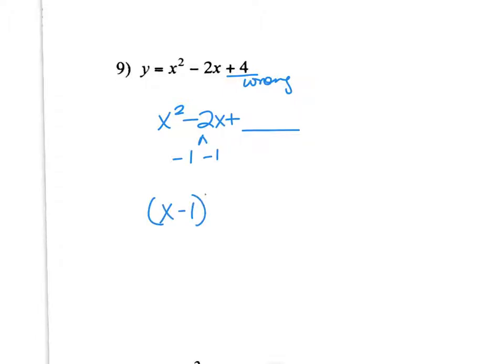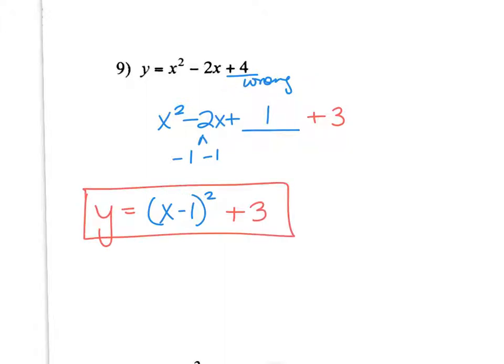So x minus 1 squared. There was no GCF. -1 times -1 is +1. And then to fix this and turn it into a +4, I'm going to add 3. So plus 3 gives me my final answer. y equals x minus 1 squared plus 3.